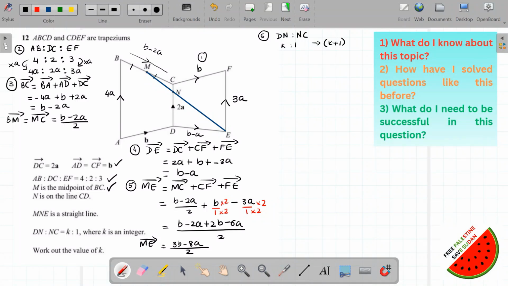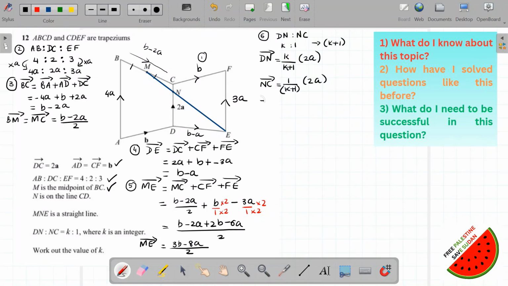So as a fraction, dn would be, as a column vector, this proportion of 2a: k over k plus 1 times 2a, and nc would be 1 over k plus 1 times 2a. Why did I do that? Well, k plus 1 is the whole, so the part over the whole of 2a.